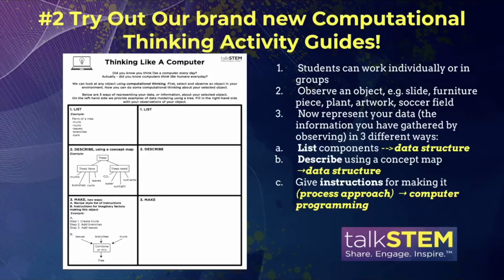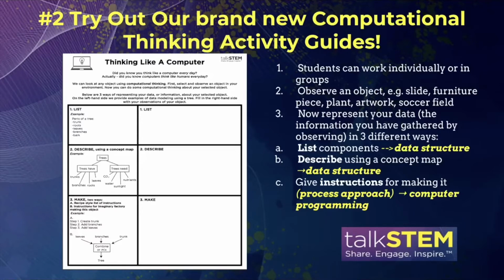This is the first page of a 2-page worksheet, but you can use the 2 pages independently. On the left-hand side, we've given an example based on a tree. We were trying to think of something that all kids would have encountered, no matter where they live.